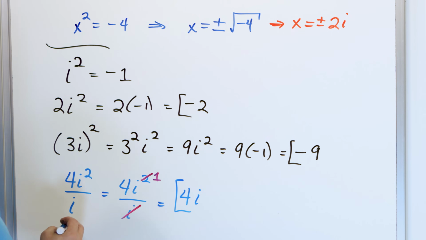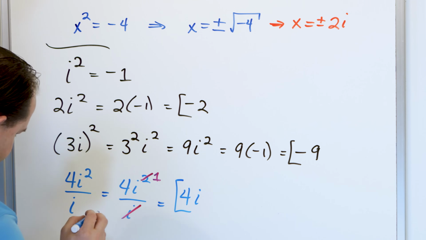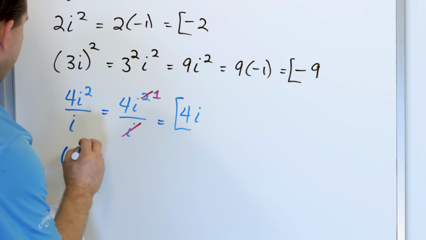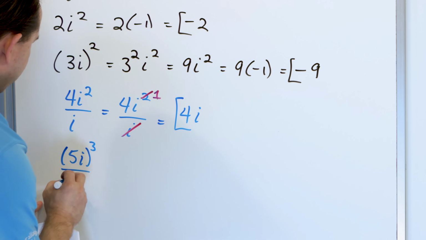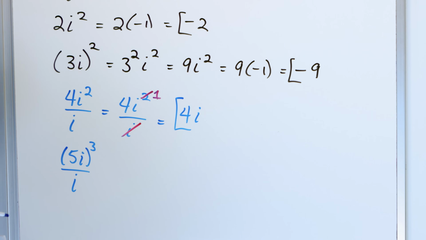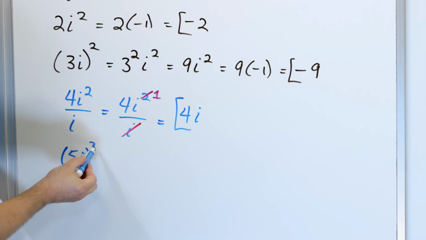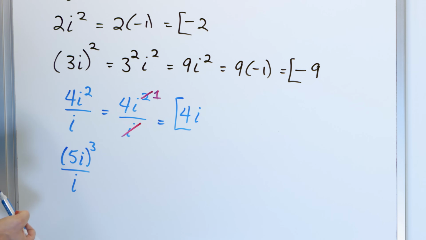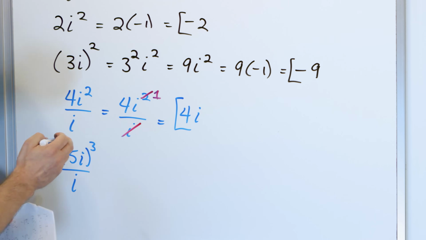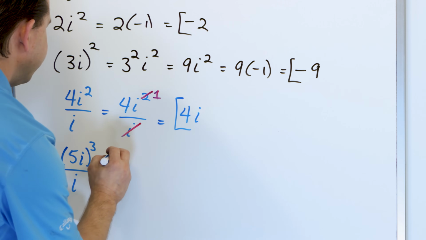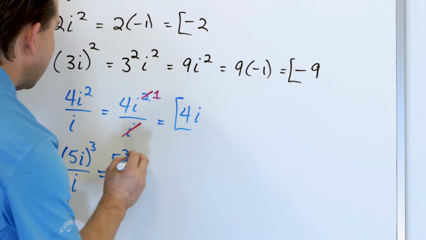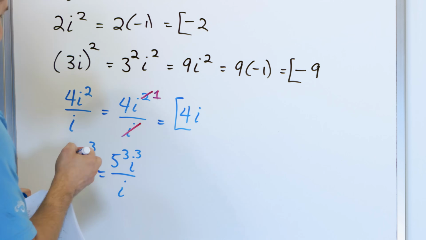Okay. What if I have something more complicated? What about 5 times i quantity cubed, but on the bottom, I also have an i? How do I handle that? Well, the 3 is going to apply to the 5 as an exponent. It's also going to apply to this i. So you have 5 cubed times i cubed, and on the bottom, you still have this i.